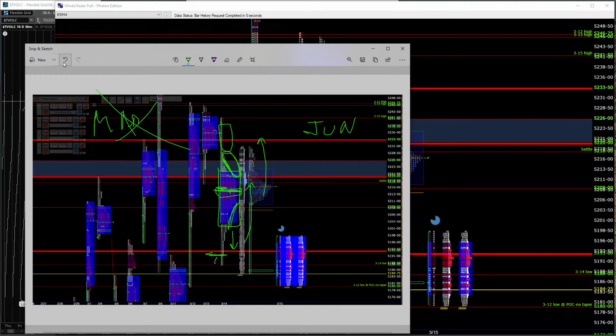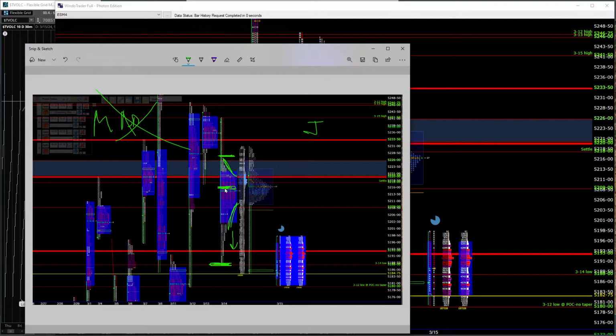Because the temptation was there, all right. I was also checking the previous contract yesterday. I had calls around this area, and my puts were here, and my calls were here.